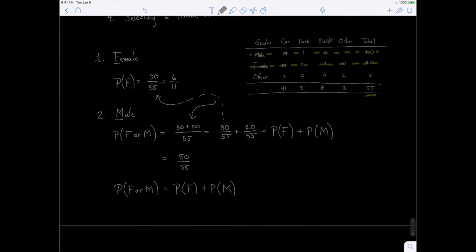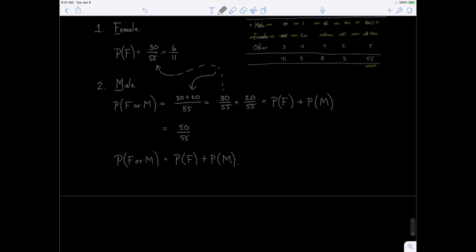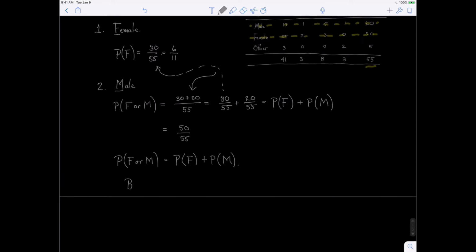Now, there's something that we need to recognize here. Being female or male is called mutually exclusive, meaning that you're either one or the other, but not both.